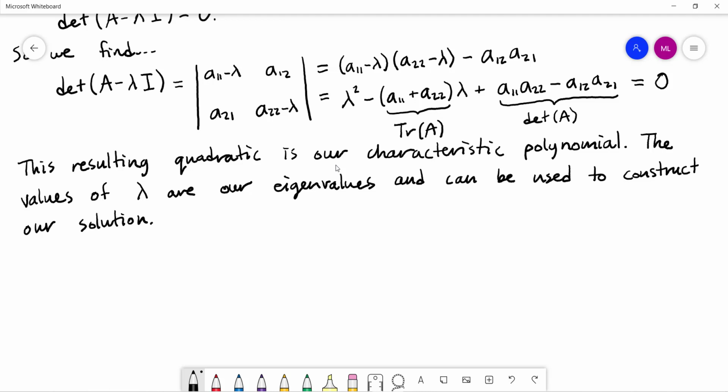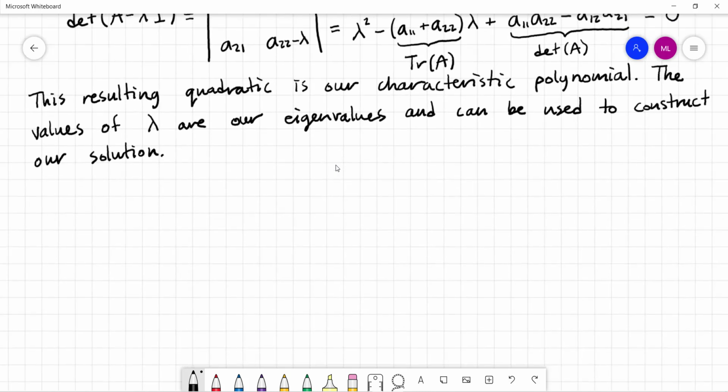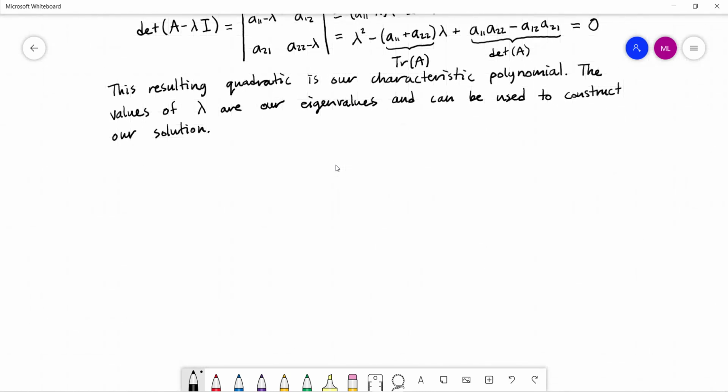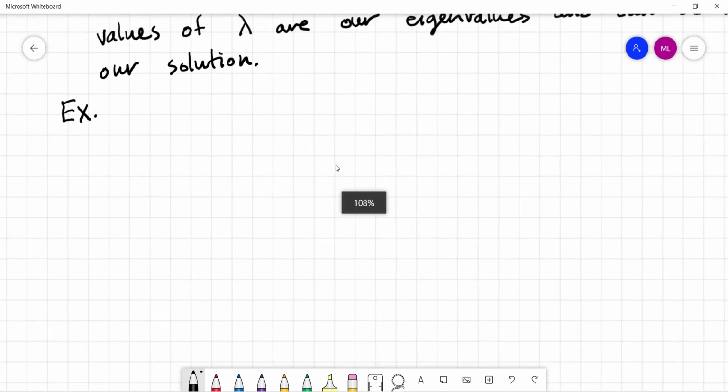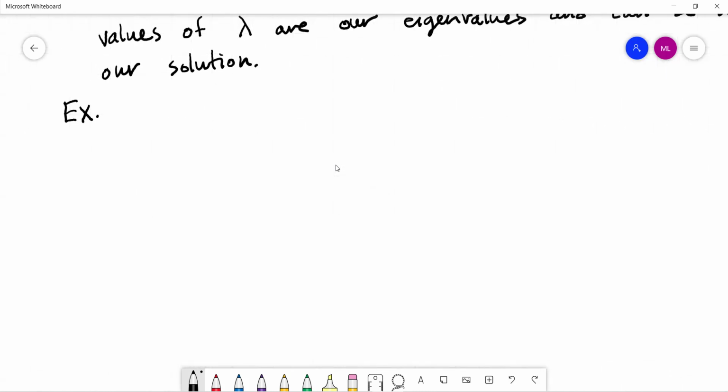But before we do that, let's do an actual example, because it's all fine and dandy to do this in the abstract, but it makes a lot more sense once you actually use some numbers. So let's imagine that the differential equation we're trying to solve, or the system, looks like this.